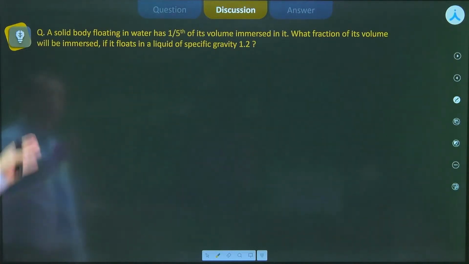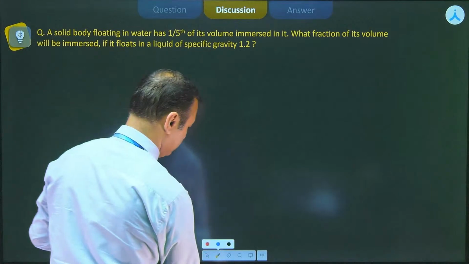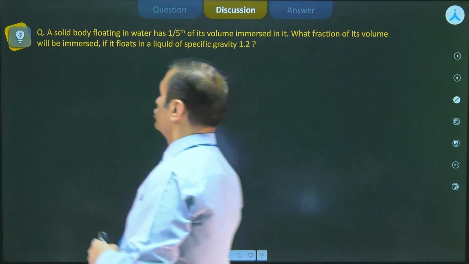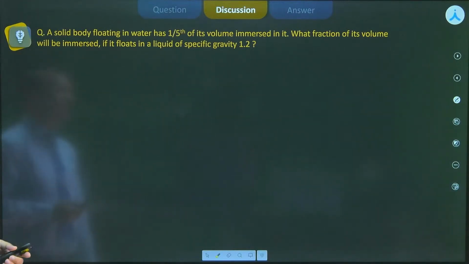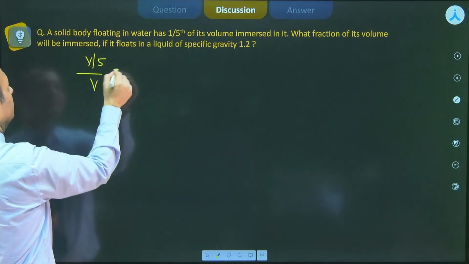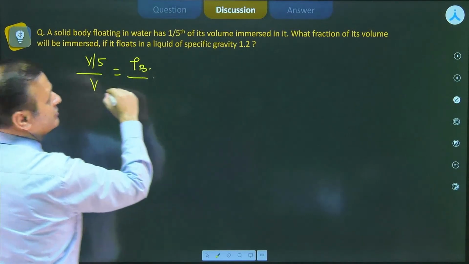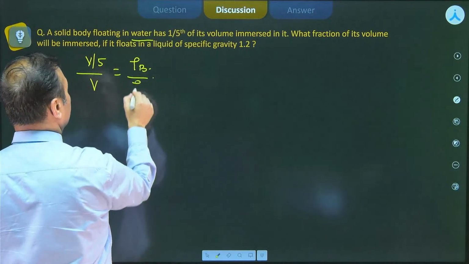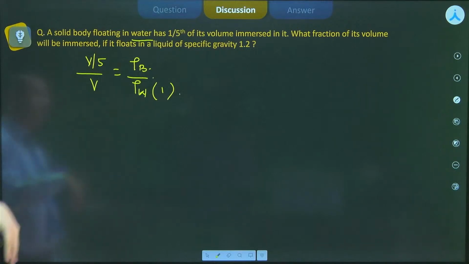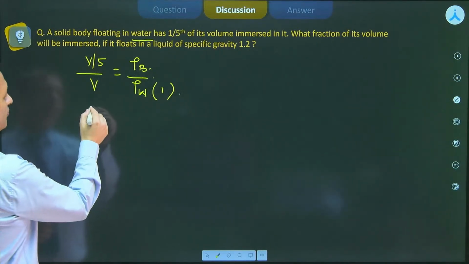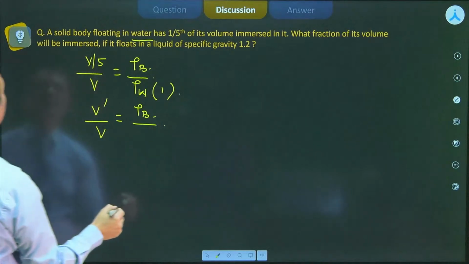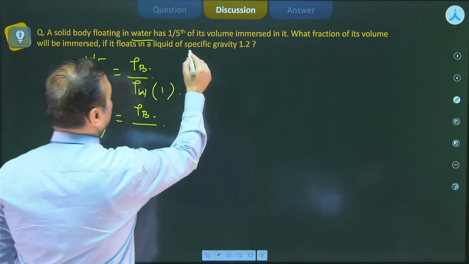So based on this, you may have a question which is again there. A solid body floating in water has 1/5 of its volume immersed in it. So volume immersed is 1/5, total volume is this. Density of water is 1. Got it? We are talking in terms of CGS system. What fraction of its volume will be immersed when it is in a liquid of specific gravity 1.2?